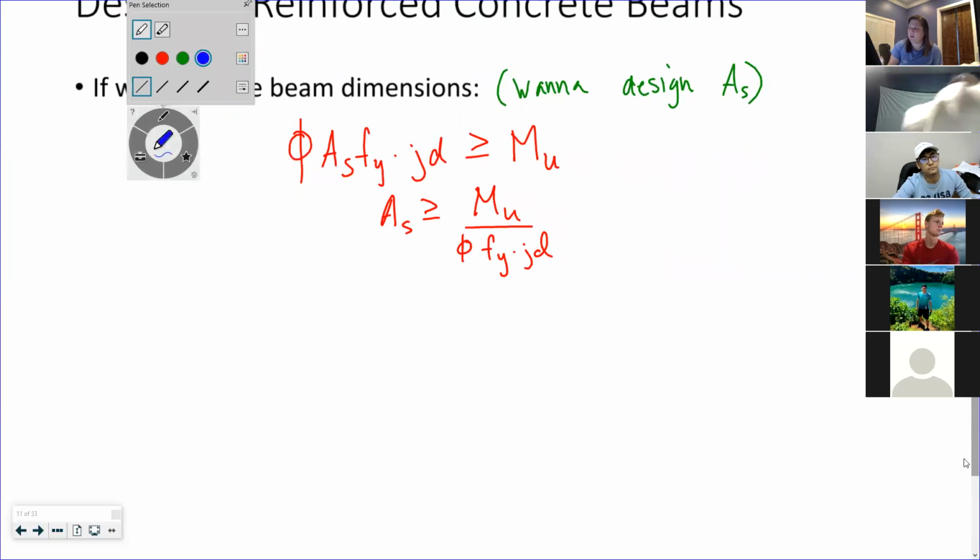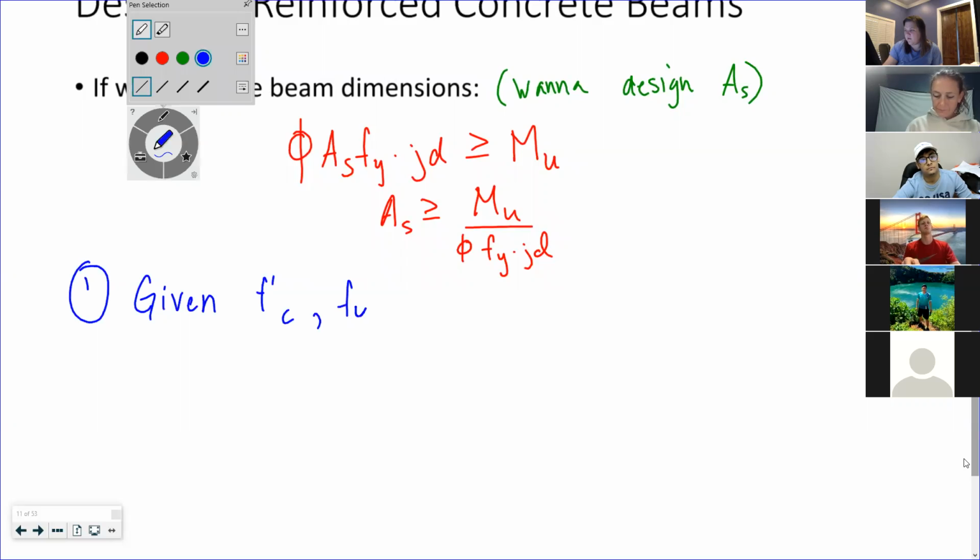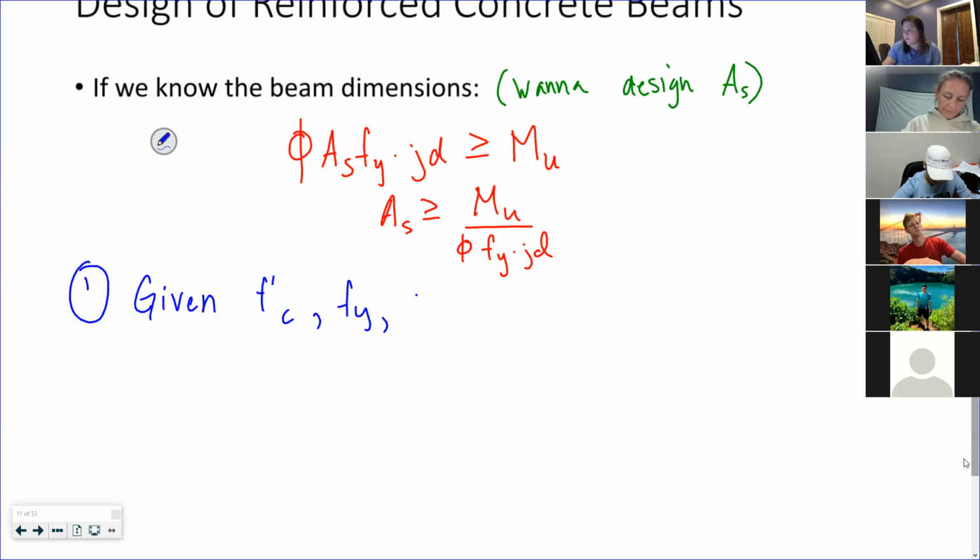the procedure that we want to follow is, let's see, we know f'c, fy, our beam width, and our beam height, and our factored moment.